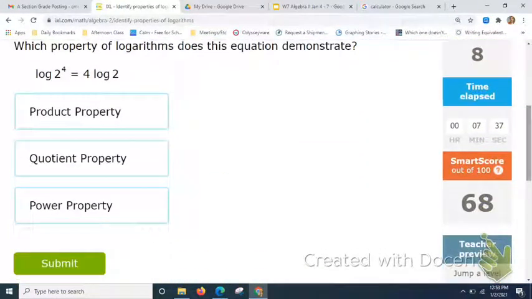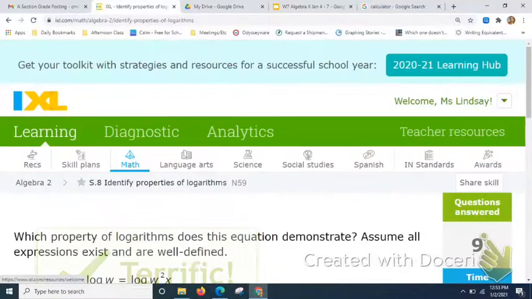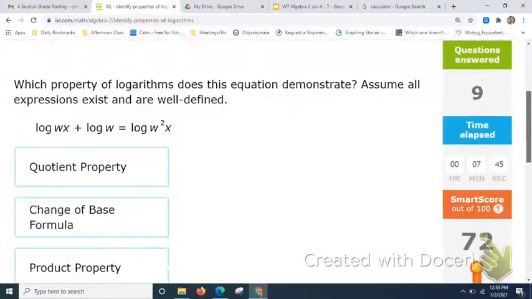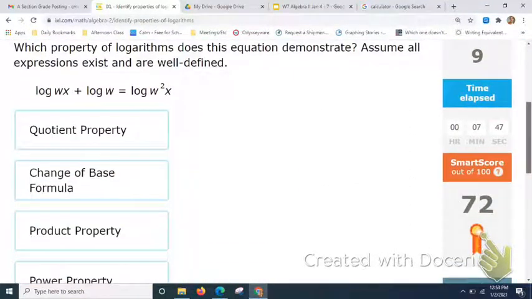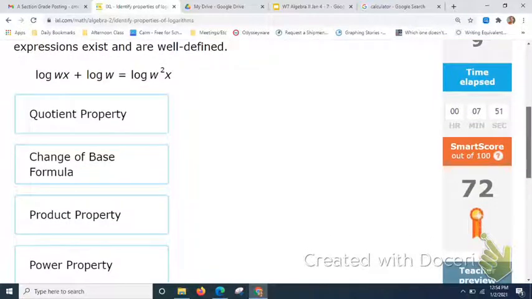What's happened here? Our exponent moved again, so this would be power. So this one is a little different, right?